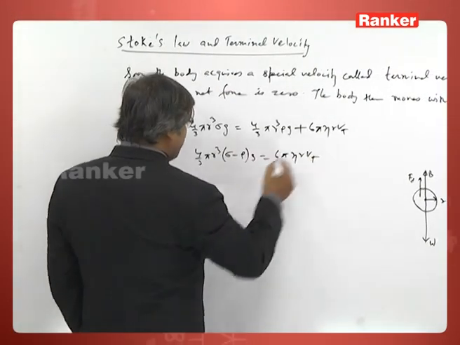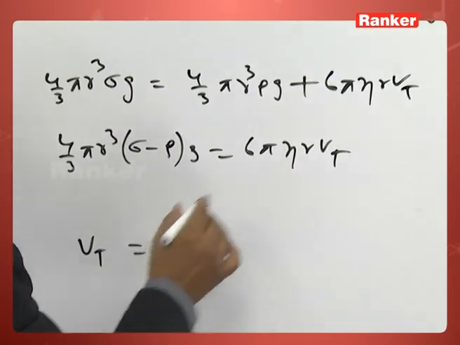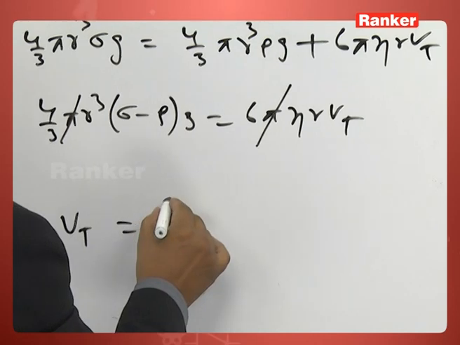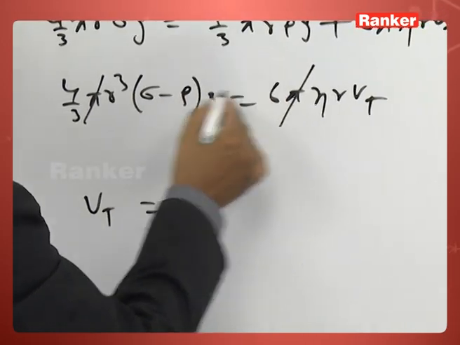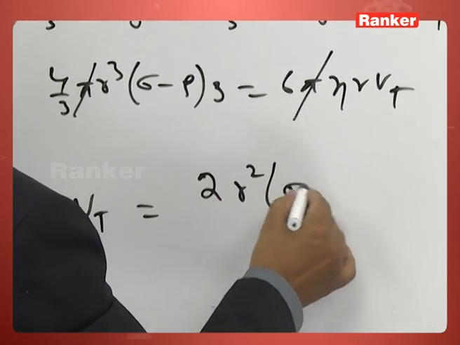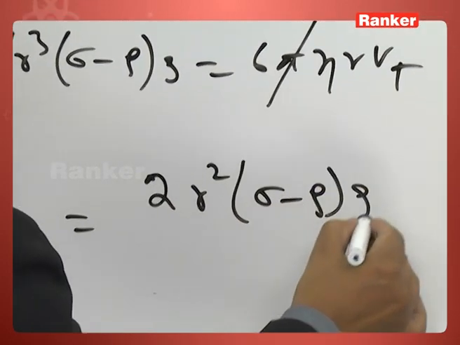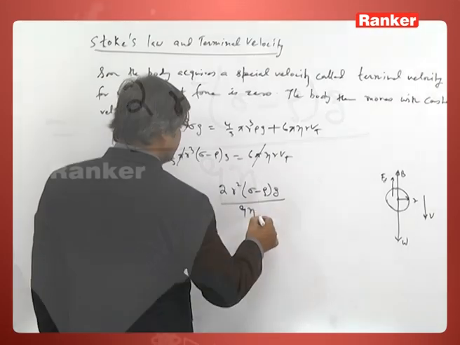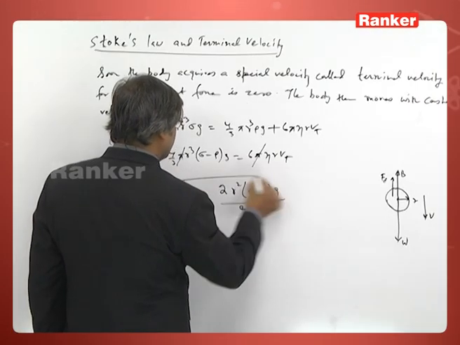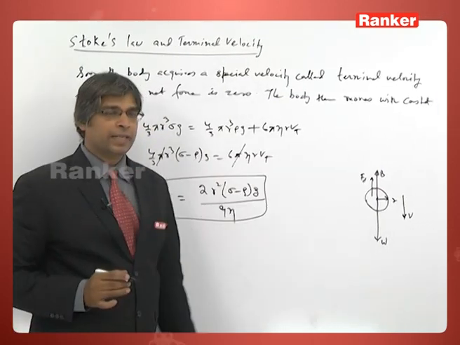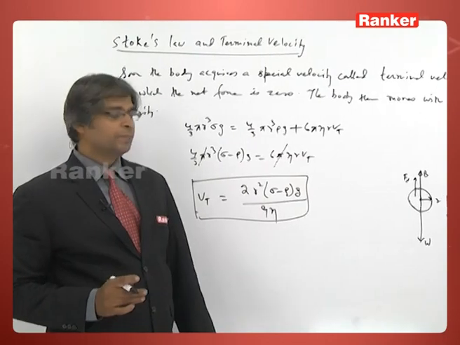So you see the terminal velocity vt will be, this pi cancels, this 2 will be there, 3 will be there, so 2 r square (sigma minus rho) g by 9 eta. So this is the terminal velocity for a spherical body which is falling in a liquid.